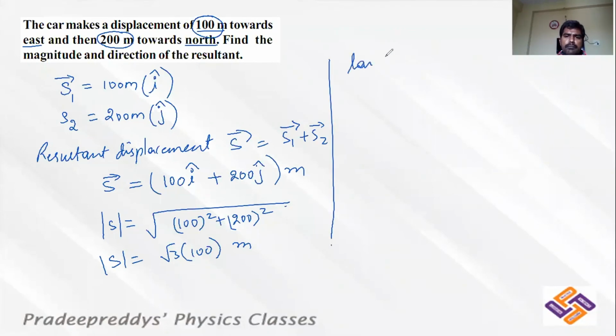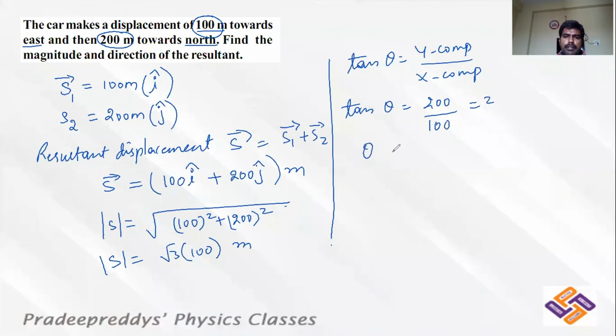Tan theta is equal to y component divided by x component. What is the y component over here? 200. X component is 100. This is equal to 2. Theta is equal to tan inverse of 2. Right? This is the angle made by the vector with the x-axis.